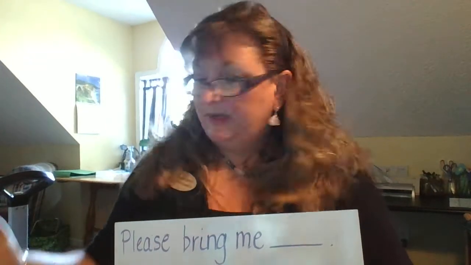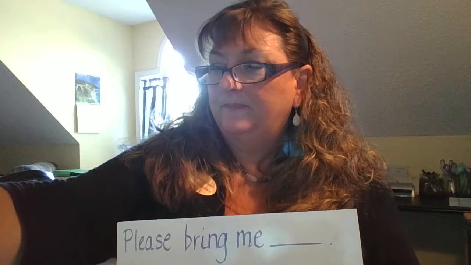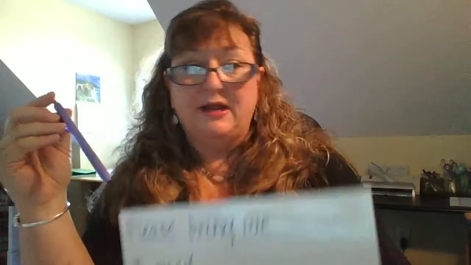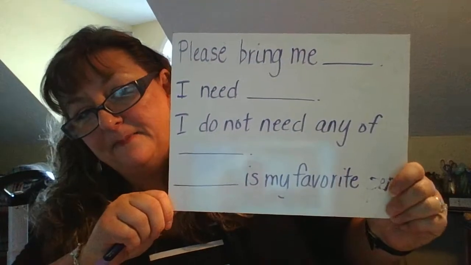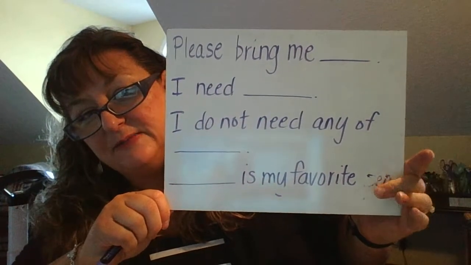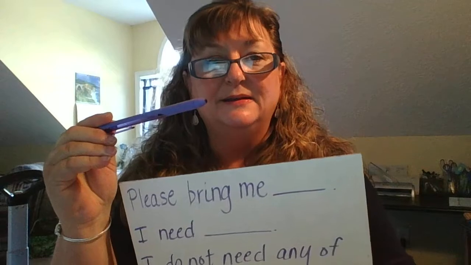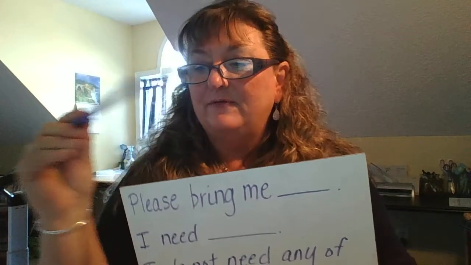And the last one, I'm going to show you a pen. So if we're using the demonstrative pronouns, which one fits the blank? Blank is my favorite pen. This is my favorite pen. So those are what we call our demonstrative pronouns: this, these, that, and those.